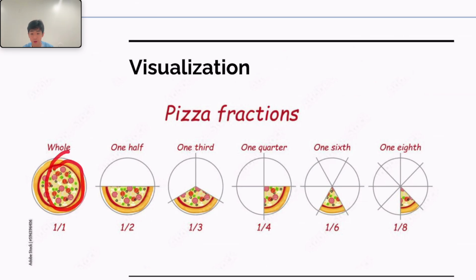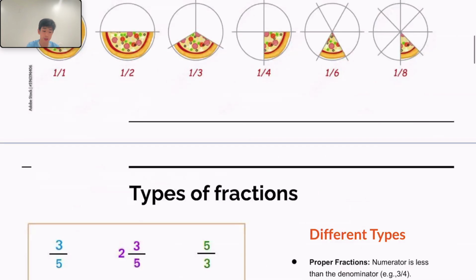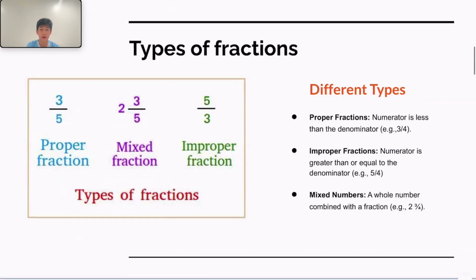So this is 1 over 1, which basically equals 1. 1 half: here we have a total of 2 slices, and we're taking 1 slice. So this is 1 half. 1 third: we have 3 slices in total, and we're taking 1 slice. 1 fourth, 1 sixth, 1 eighth are similar to the earlier examples we talked about.